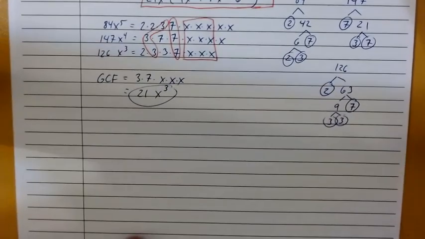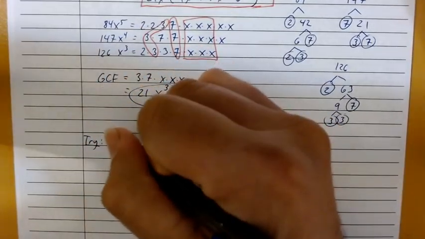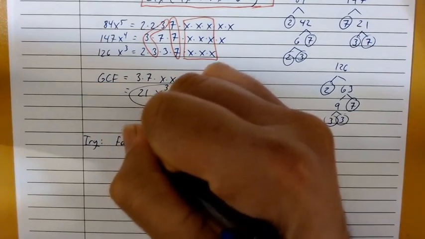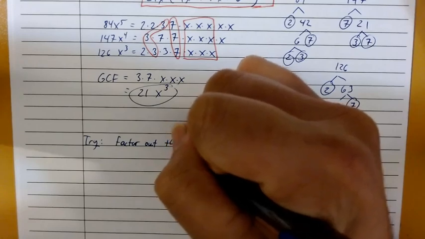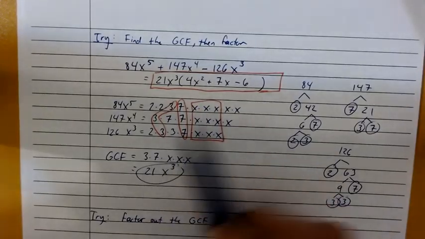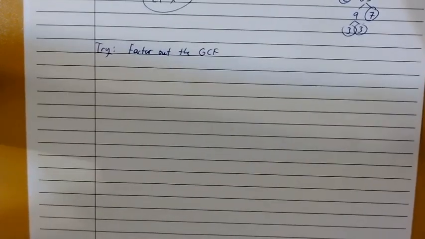So go ahead and give that one more try. Do it all the way through now. Factor out the greatest common factor. Basically do both of these steps, but all in one. Go ahead and find the common factor and then perform the factorization. All right, so give this a try.